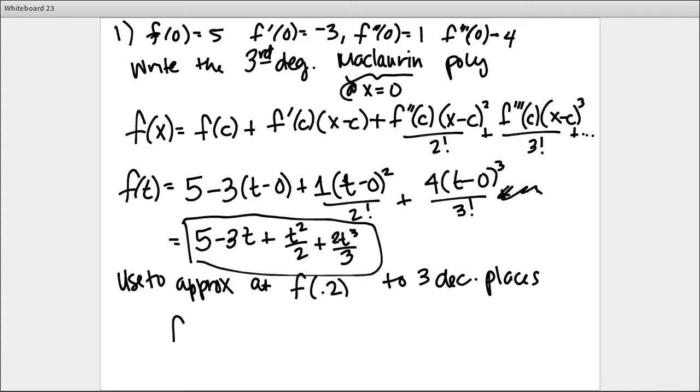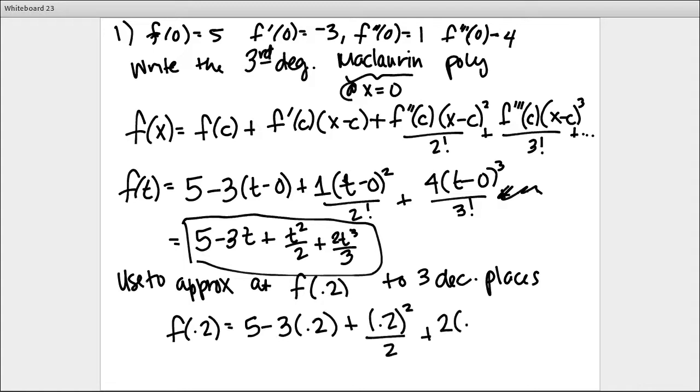So f at 0.2 would end up being 5 minus 3 times 0.2 plus 0.2 squared divided by 2, and then a 2 times 0.2 cubed over 3. Just put it all in your calculator. Hopefully I did it right, I should have double checked it, but I got 4.425 when I did that.